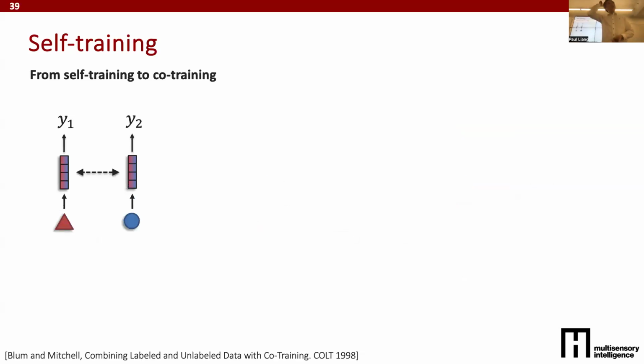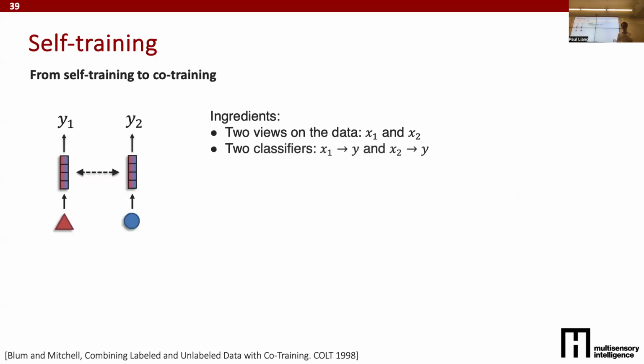Extension in two views: co-training. This is one of the very seminal papers, 1998, still very heavily used today. Basically an extension of self-training to two views. Again, we're going to assume that you have two views of the data, x1 and x2, your classic multimodal setup.